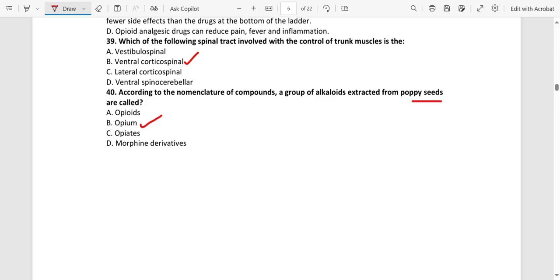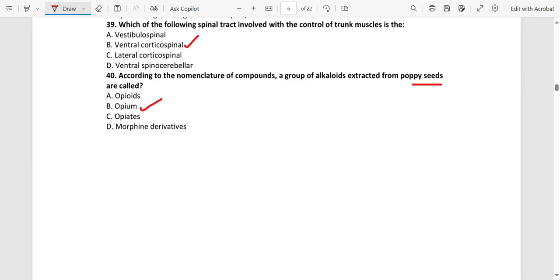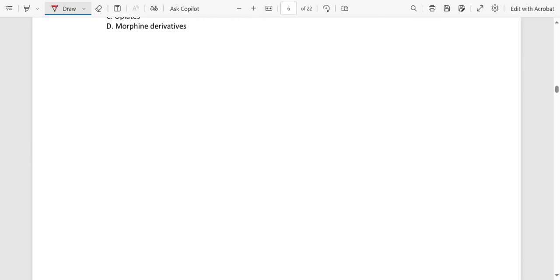Okay, any agent from opium. And then opioid. Okay, so opioid is anything that has either been made outside or made in the body that behaves like morphine.